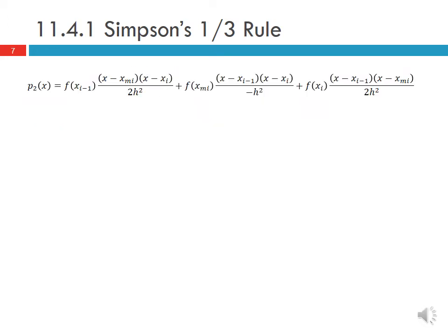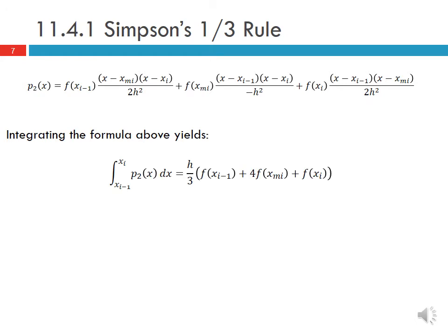So again, just rewriting the polynomial here, and then integrating this yields the expression shown here. Over one interval from x_{i-1} to x_i, the estimate of the integral is h over 3 times f at x_{i-1} plus 4f of x_{mi} plus f of x_i.